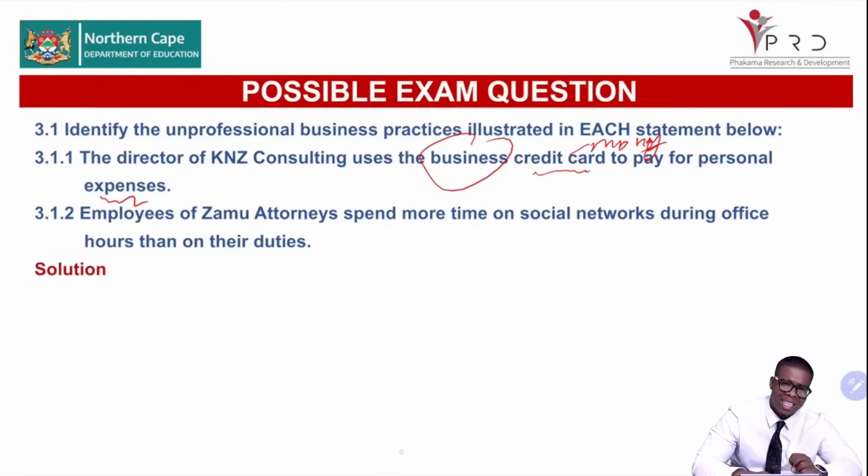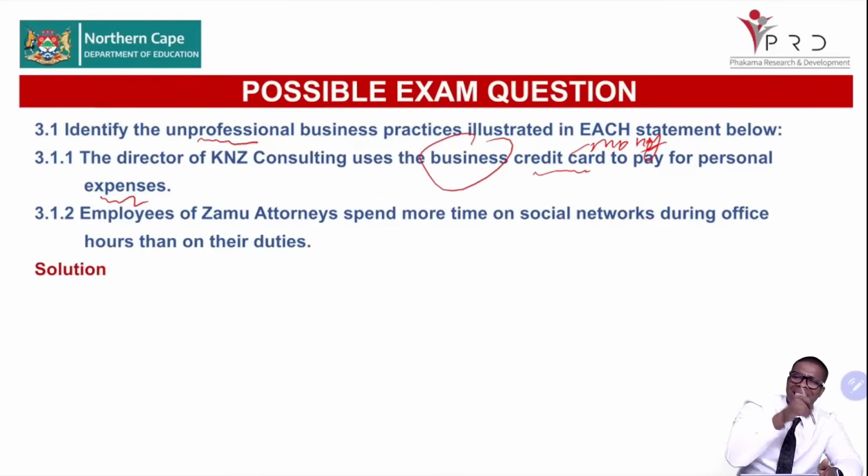So if the director is taking a business card, which is a credit card in this regard, allocated for buying anything that the business needs, and they pay their own personal expenses, that is considered to be unprofessional.